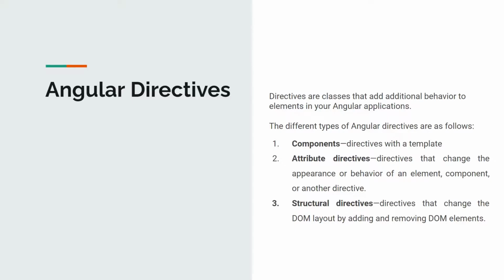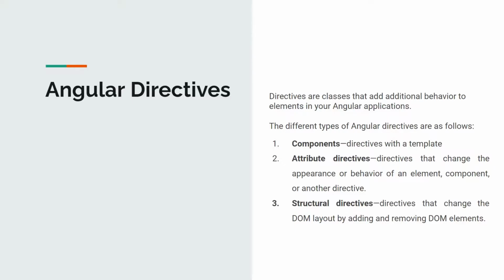The second type is attribute directives. These directives are used to change the appearance or the behavior of an element, component or other directive. The third type is structural directives. These directives change the DOM layout by adding and removing DOM elements.